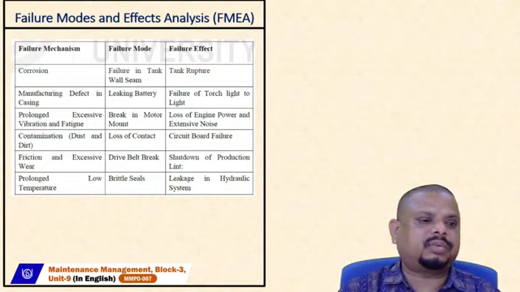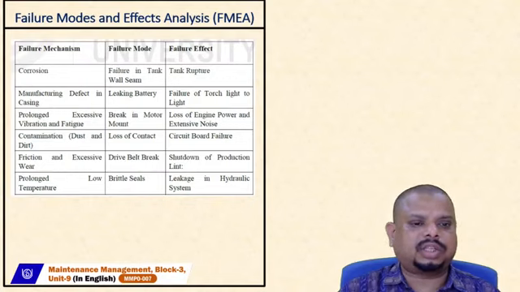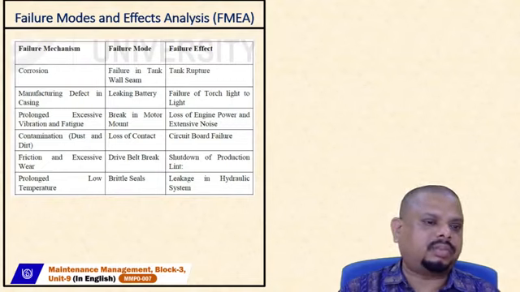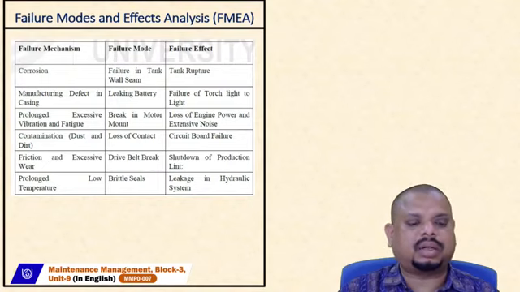The next failure mechanism is prolonged excessive vibration and fatigue. The failure mode is break in motor mounts and the failure effect is loss of engine power and extensive noise. The next failure mechanism is contamination by dust and dirt. Here the failure mode is loss of contact and the failure effect is circuit board failure.